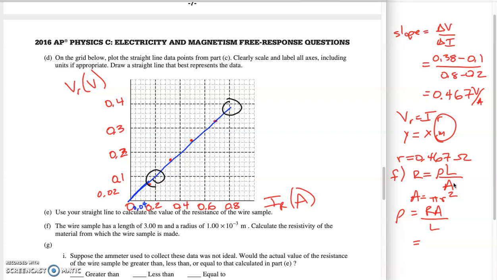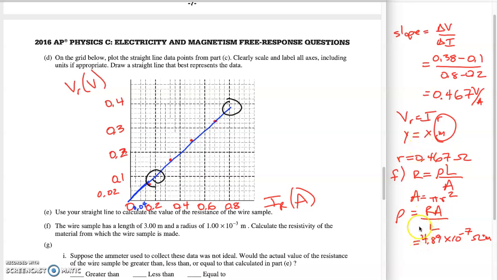And I got 4.89 times 10 to the minus 7th, and that's going to be measured. If you take a look at the units here, R is in ohms, and area is going to be meters squared divided by meters gets us ohm-meters. Now, obviously, your answer will be a little bit different based on whatever your slope is from your hand-drawn graph.